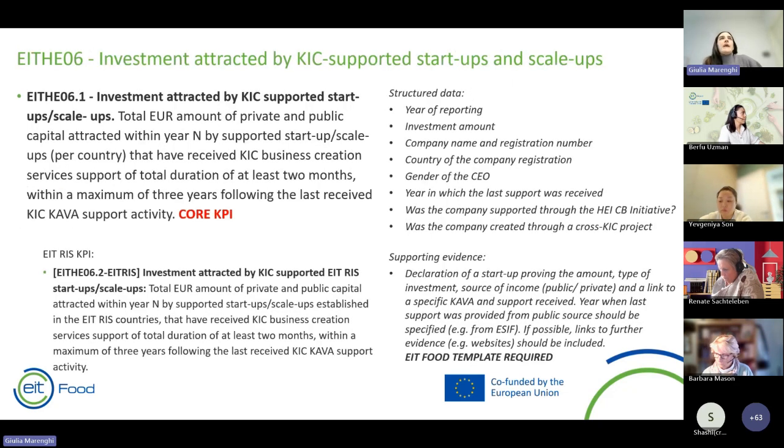The sixth group of indicators refers to the investment attracted by KIC-supported startups and scale-ups. Here too, we're talking about a core KPI. So on top of the structured data referring to the investment amount, company name, country of the company, etc., you will need to share a self-declaration of the startup, providing the amount, type of investment, source of income, and declaring the link to the specific CAVA for which the support was received.